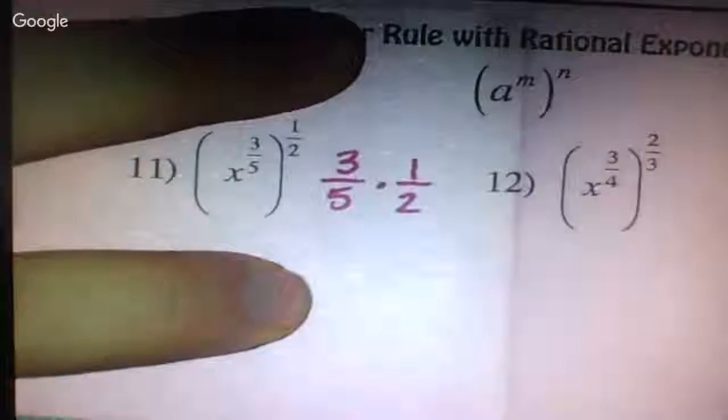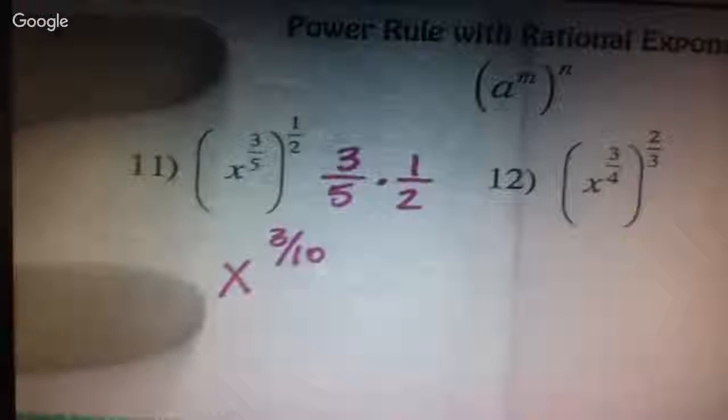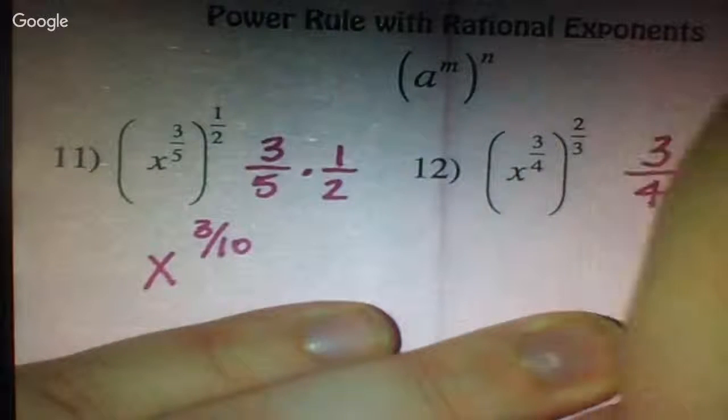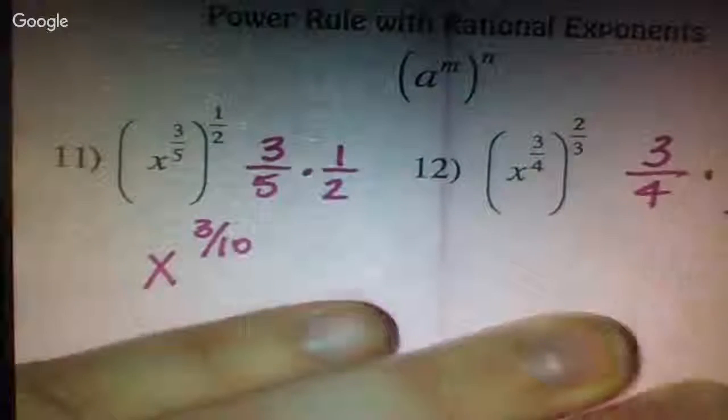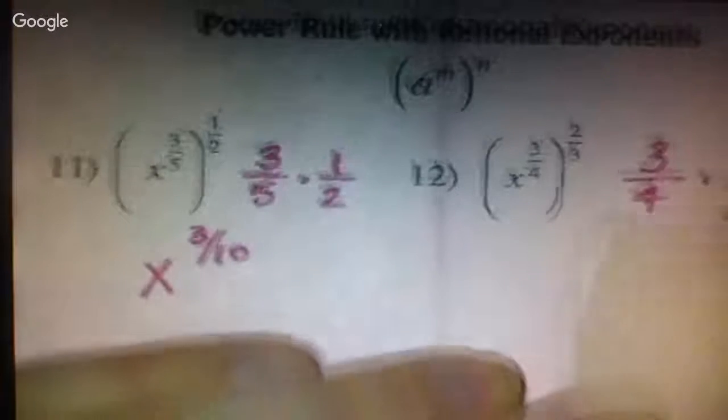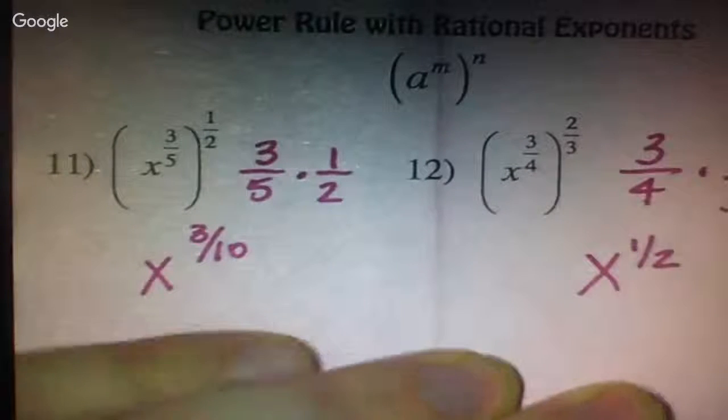So this is 3/5 times 1/2. 3/10. Okay. This one is 3/4 times 2/3. 6/12, which is 1/2. So yes, if you can reduce, please do so. Okay.